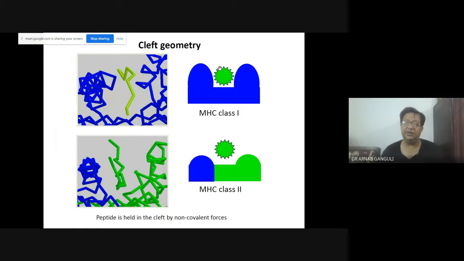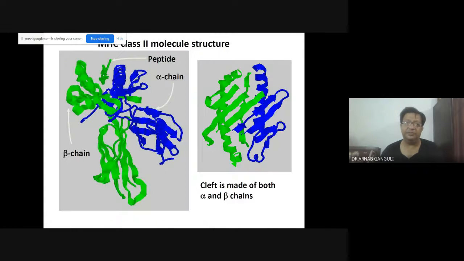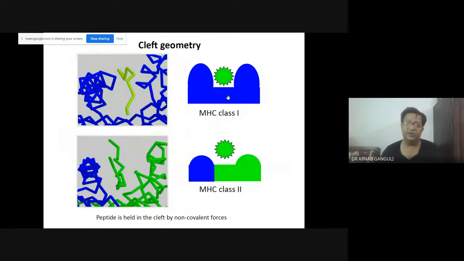MHC class 1: beta is green, alpha is blue. So in the blue, class 1 has its peptide binding geometry. Here, blue and green, the floor is green, but you have some alpha pocket.